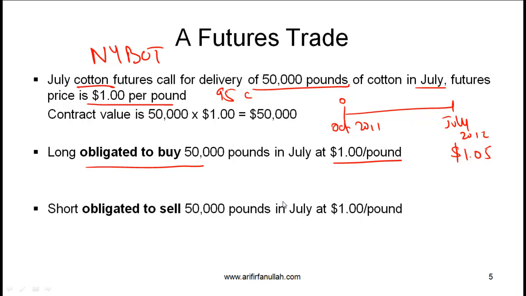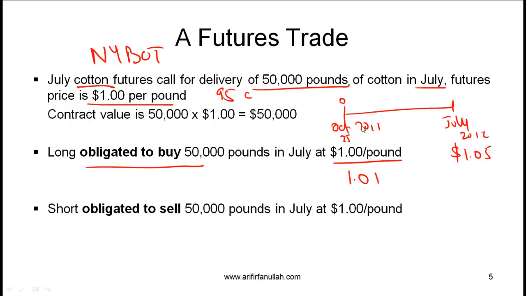Now, just to illustrate the mark-to-market point, let's say we get into this contract on October 25th, 2011. Then on October 26th, let's say the forward price has gone up to 1.01. If the price has gone up by 1 cent, then on 26th October, the account of the long party will receive money.